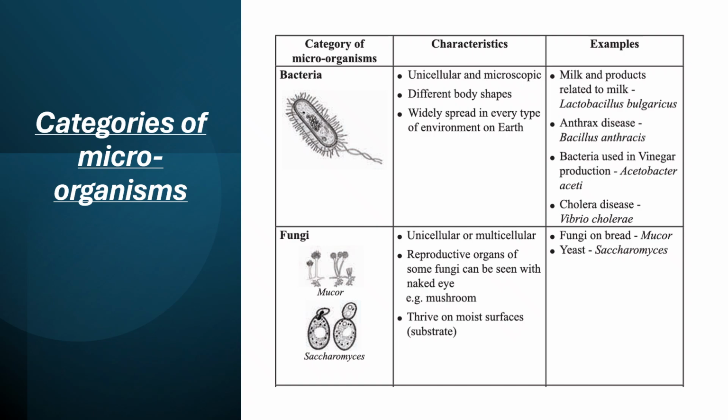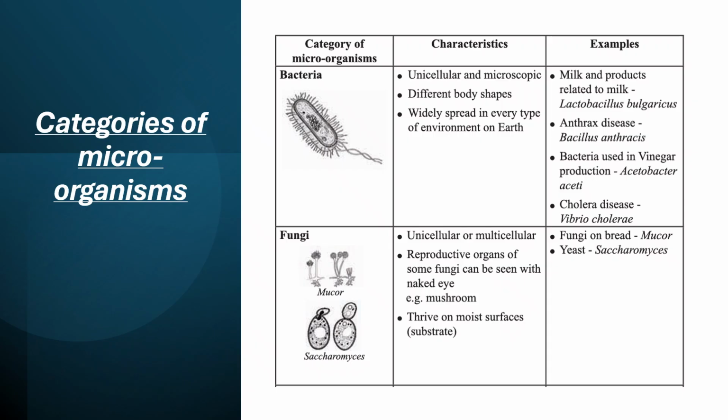So all you guys have to do is study these really carefully. Every spelling letter has to be correct. If there's at least one spelling mistake, I think you won't get marks. So do it really carefully and remember every single letter. Anyway, next example is anthrax disease and bacteria used in vinegar production and cholera disease.